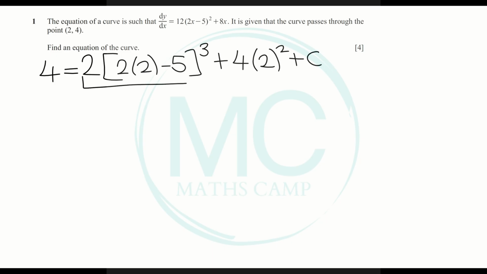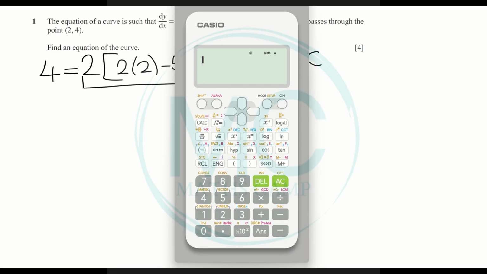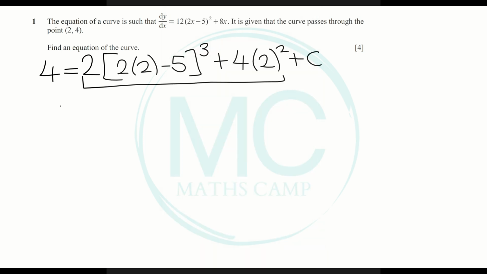Now I can put all of this straight into my calculator. We have 2, open a bracket, 2 multiplied by 2, minus 5, close the bracket, cubed, plus 4 multiplied by 2 squared is equal to 14. Now I have 4 is equal to 14 plus c.